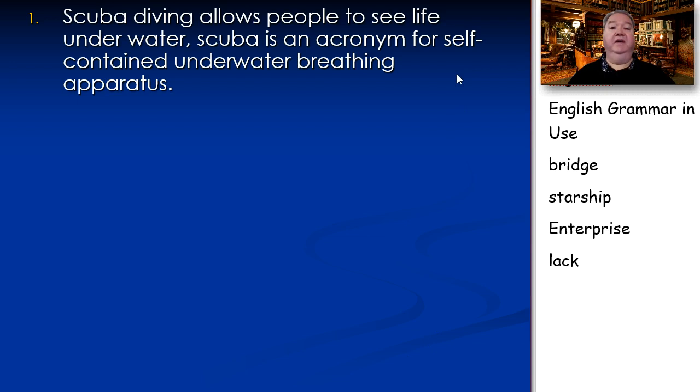SCUBA is an acronym for Self-Contained Underwater Breathing Apparatus. What is an acronym? An acronym is a word formed from the initial letters of a series of other words. SCUBA is an acronym for Self-Contained Underwater Breathing Apparatus.